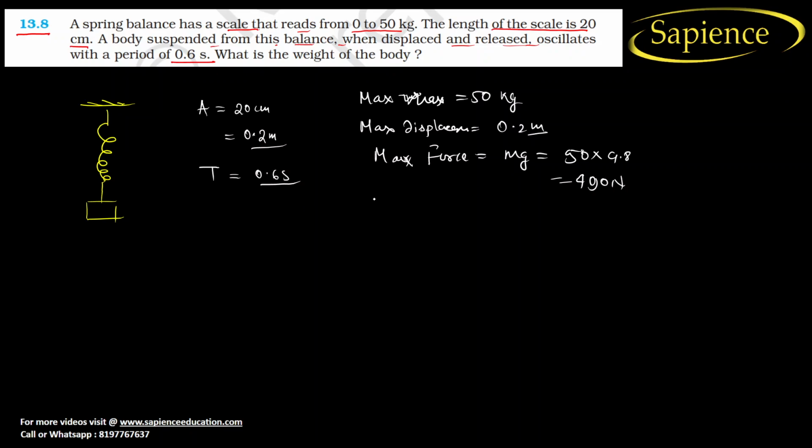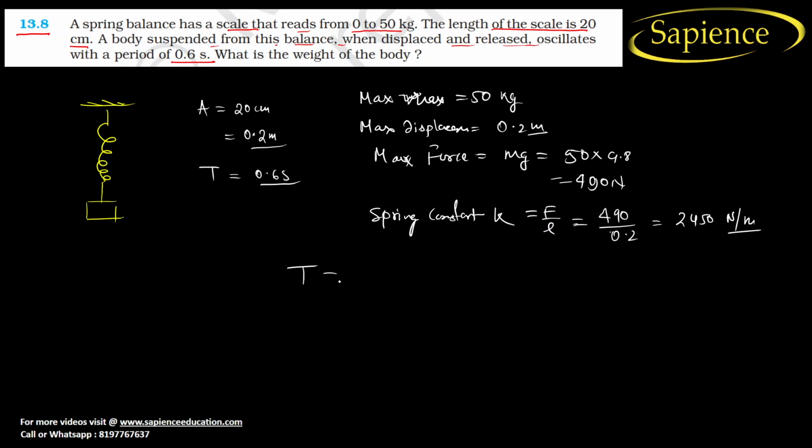Now from here we can find the spring constant. So spring constant k is equal to force by length, and this is equal to 490 divided by 0.2. So from here we get 2450 Newton per meter. We have got the spring constant.